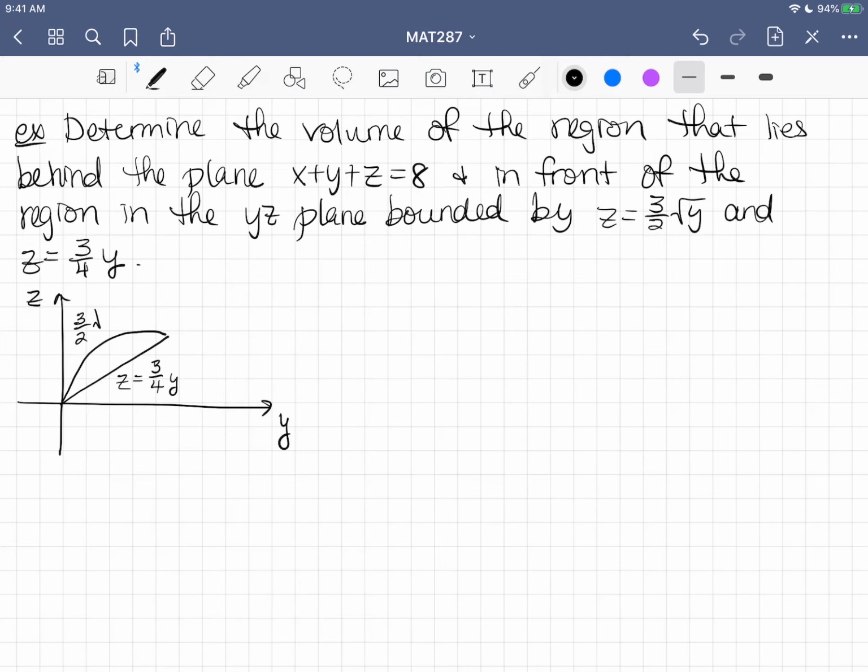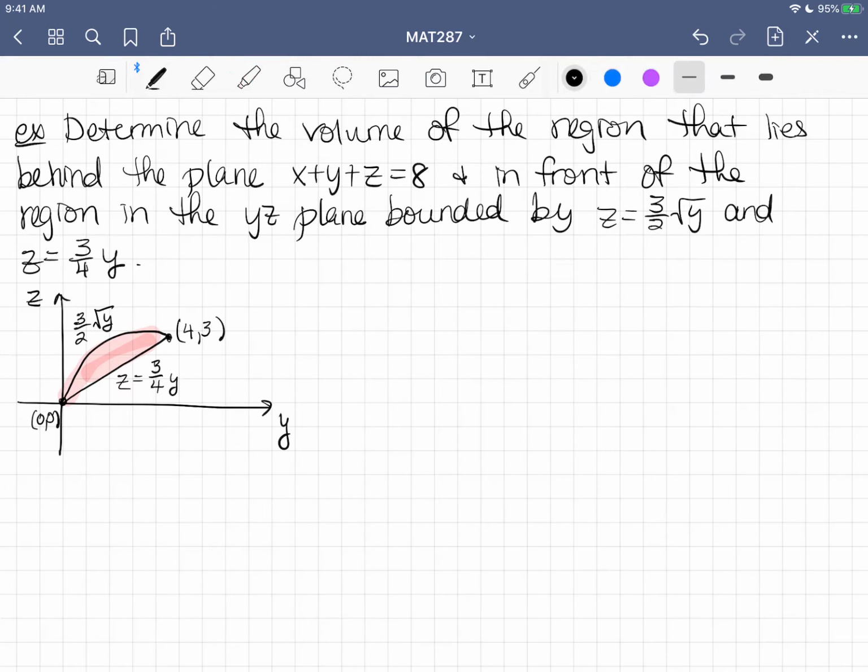And these intersect when y is 0 over here, and when y is 4 and z is 3 here. Okay, so here's the region in the YZ plane.